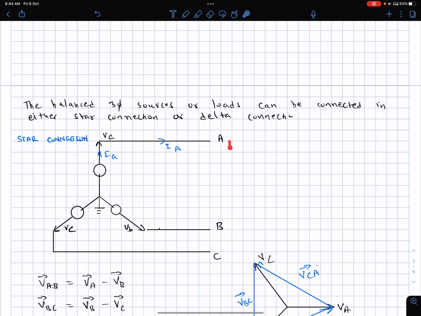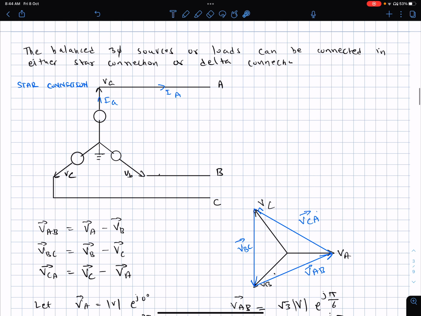Anyway, now the question is, what are these line to line voltages, and what are the line currents? The voltages which are across these generator windings are called phase voltages. This is the A phase voltage. This voltage is the B phase voltage, and this voltage is the C phase voltage. So now let's calculate.